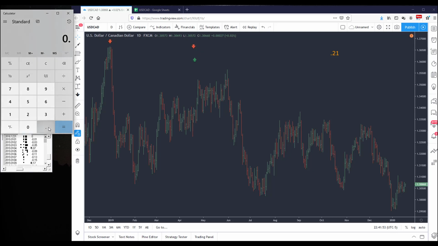So we're looking for the first number, 0.21. Let's scroll down here and look for the number 21. Whether that number is positive or negative does not matter for now. There's a reason why it is positive or negative, and we'll cover that later. But for now, we're just looking for the number 21 and increments of that number.